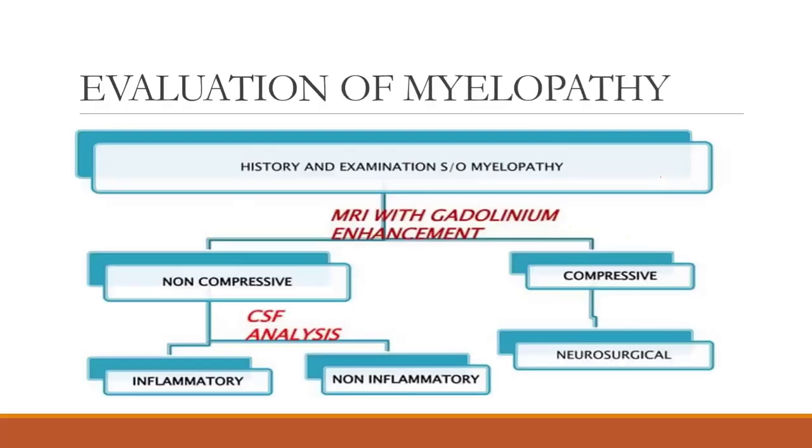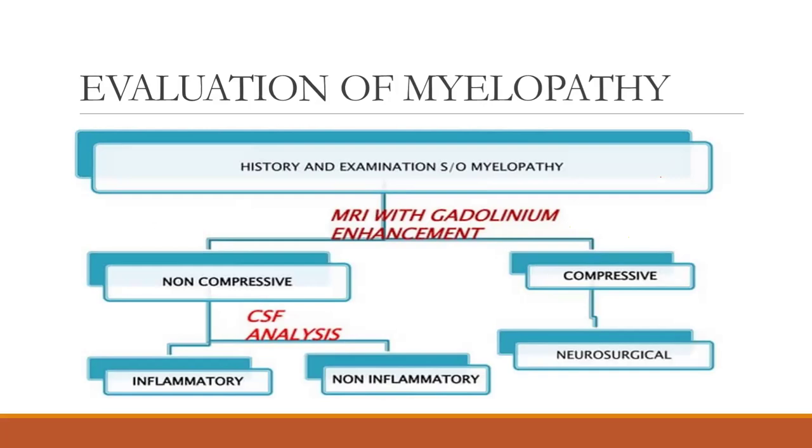So this is basically how the flow goes. Whenever there is history and examination suggestive of myelopathy, we do an MRI, and MRI usually helps us classify it as compressive or non-compressive. If there is associated gadolinium enhancement, that points us more towards an inflammatory cause. Once the type of lesion is characterized, we do a CSF analysis.